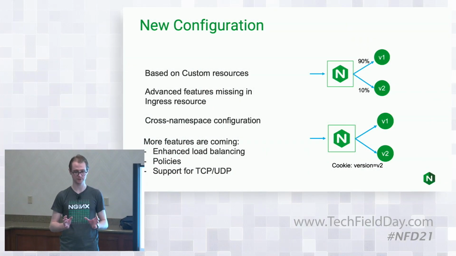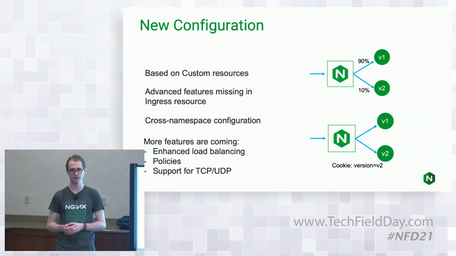I actually missed it. I had it in a slide. So the cross namespace configuration, what it means is that a Kubernetes cluster can be used by multiple teams. In this case, each team can have access to their own namespace where they can deploy and run their application.